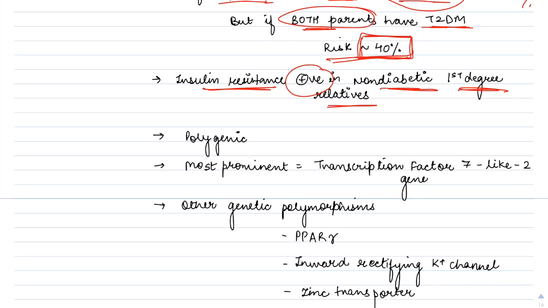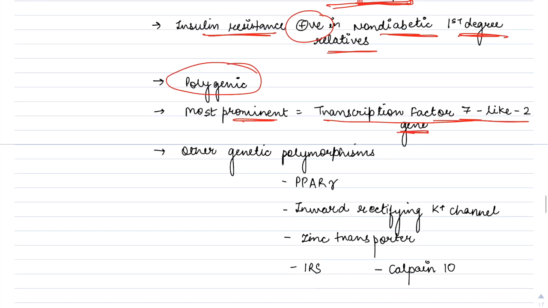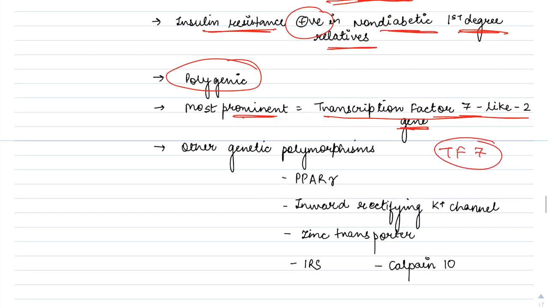Now, talking about the genes, type 2 diabetes is usually polygenic in nature. The most prominent of the genes is the transcription factor 7 like 2 gene, TCF7L2. So transcription factor 7 you can remember.